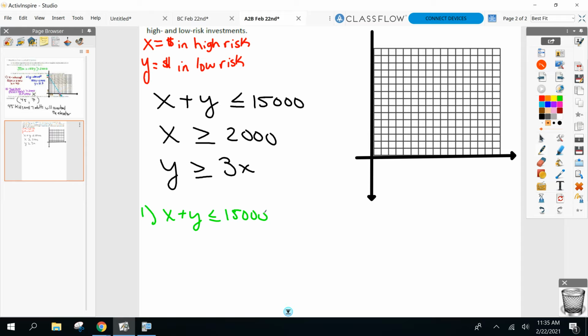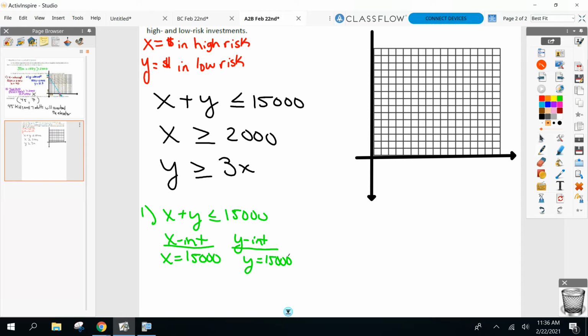No dividing needed. You guys good? 15,000 for your x and your y intercepts. They're both the same.